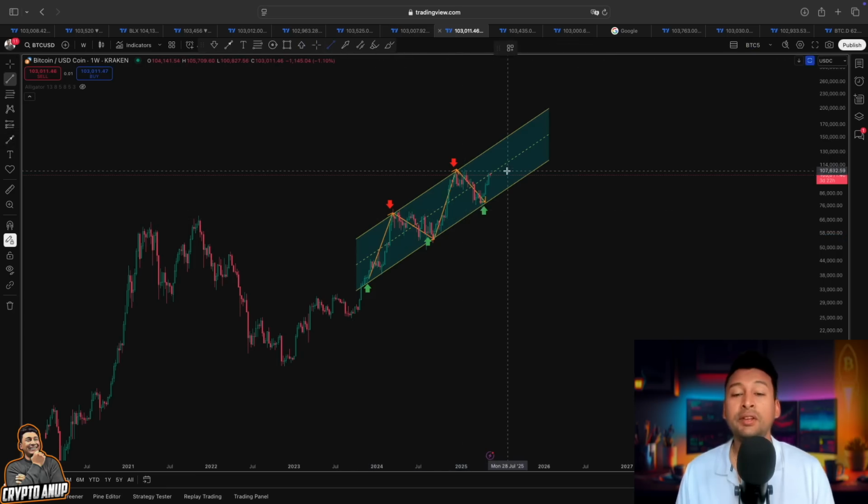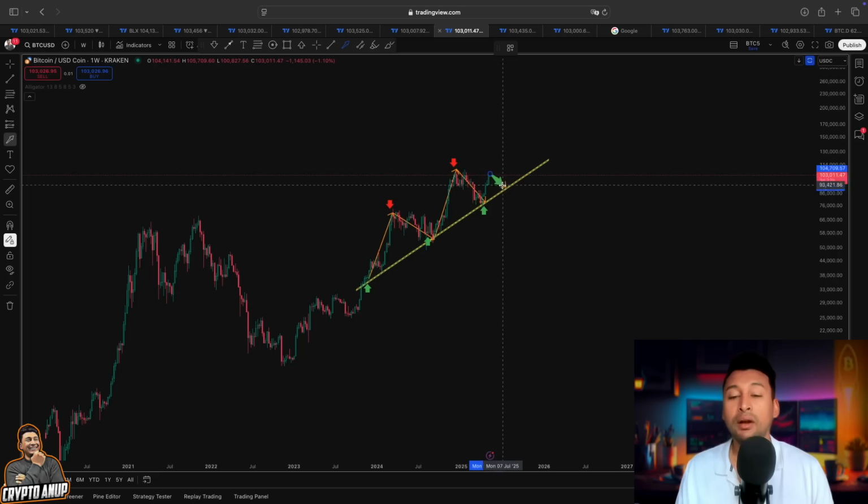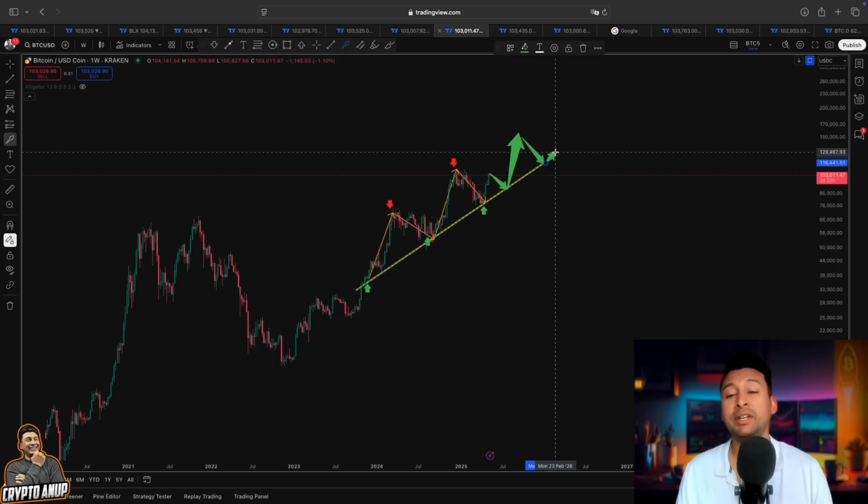So if the price breaks the support around 98, 99,000 and goes even lower, we are expecting this lower trend line to be tested. And in my opinion, this will be a final pullback before we see a blow off top type of formation, and only after that a continuation in this manner.